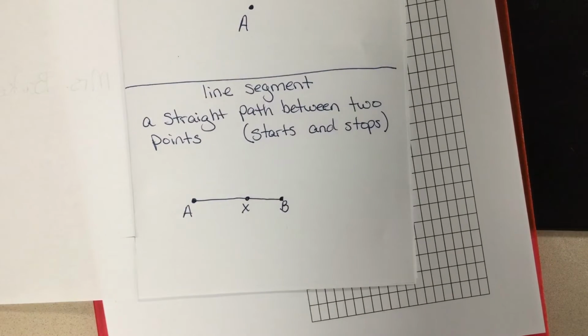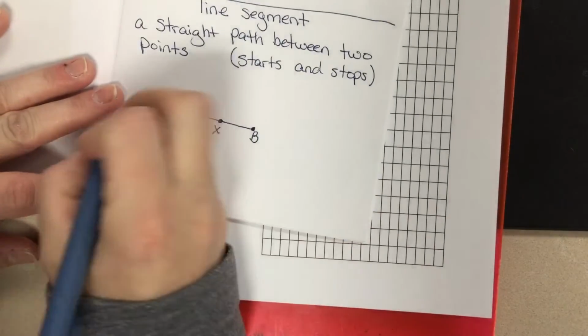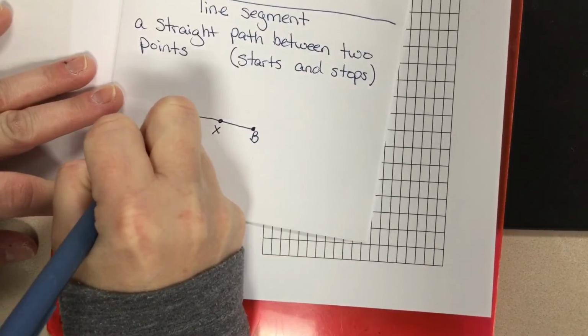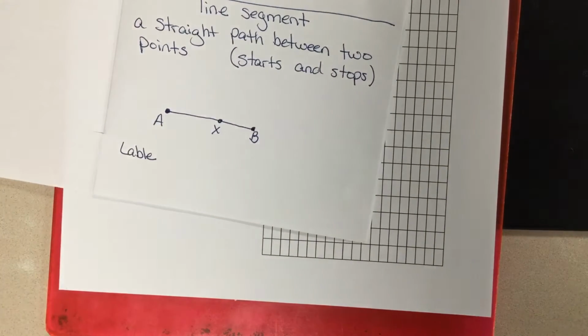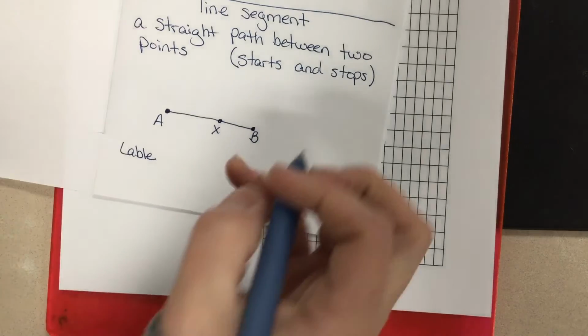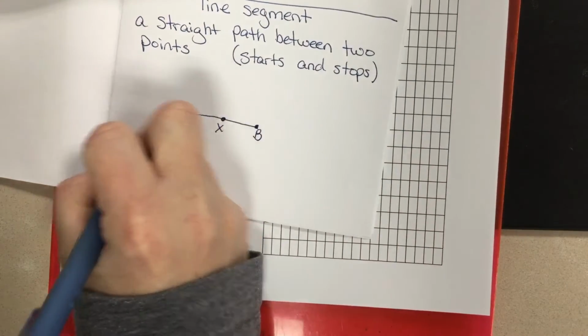So when we label these, you're going to see a symbol of how you can label these. Whoops, spelled label wrong.